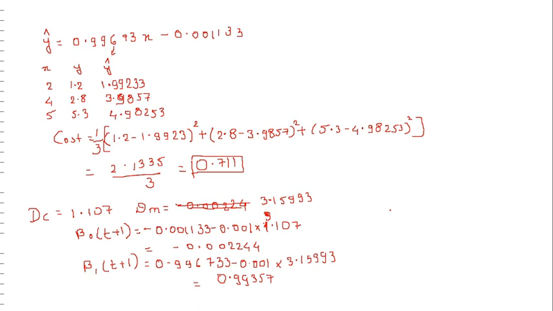So in this way, what would be our next step then? Again we got a new equation. So we will write down the new equation of y hat. What would be our equation? 0.99357, minus 0.00224. y equals m into x plus c, so my x will be over here.